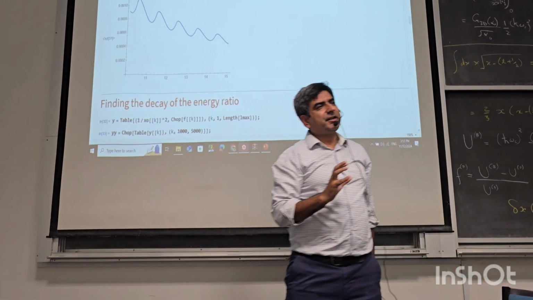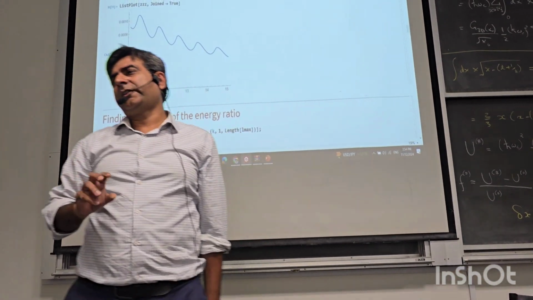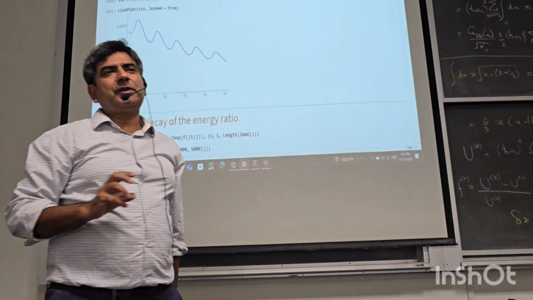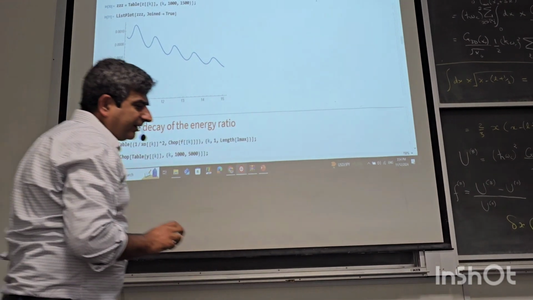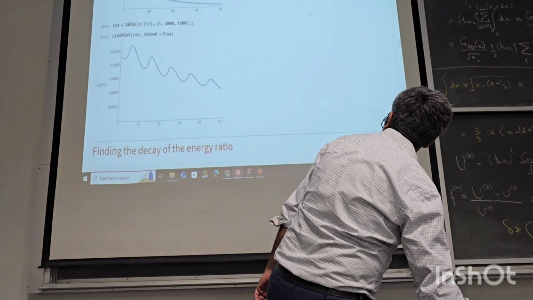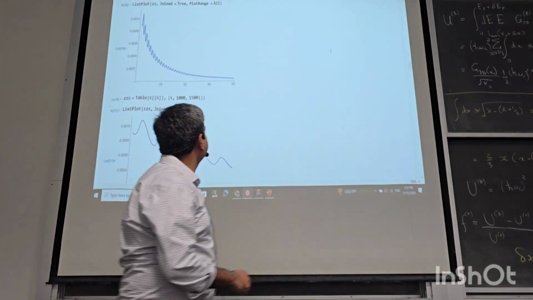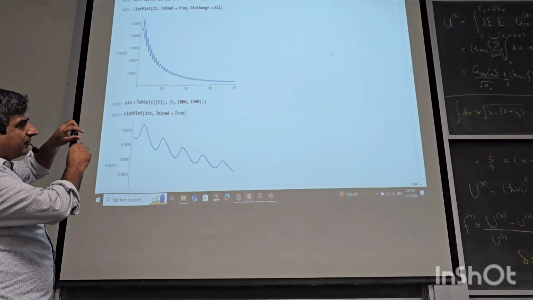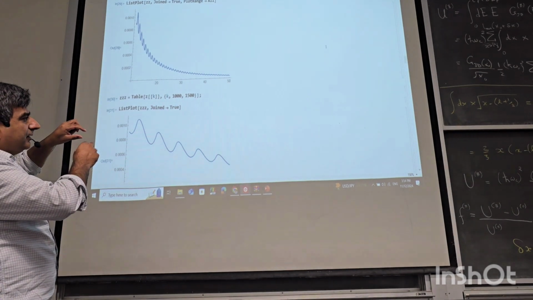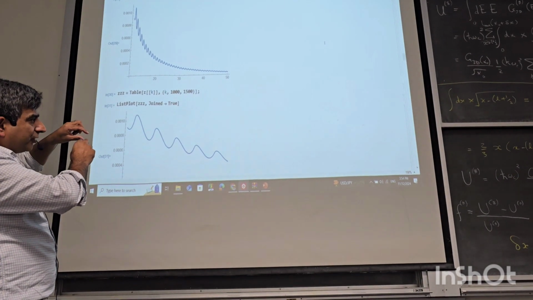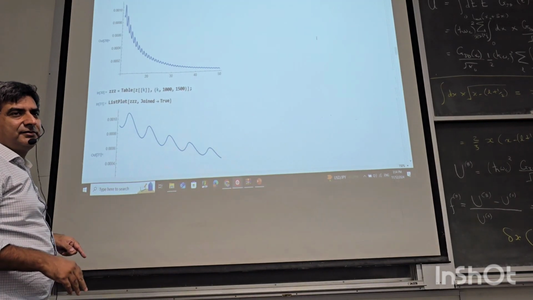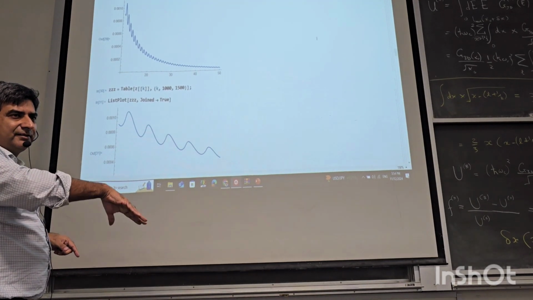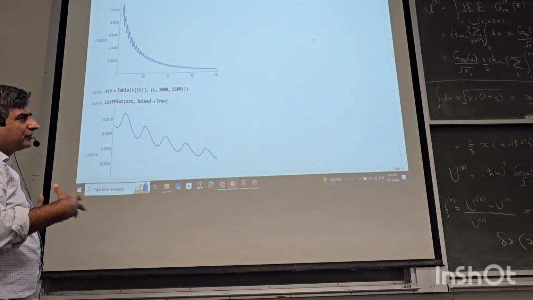Now this energy ratio that I've defined, I want to find how does it decay. I need a guess that this function itself is an oscillation riding on top of a monotonic decay. So that monotonic decay, the higher the value of x naught, it decays. So I need to find out how does it decay.